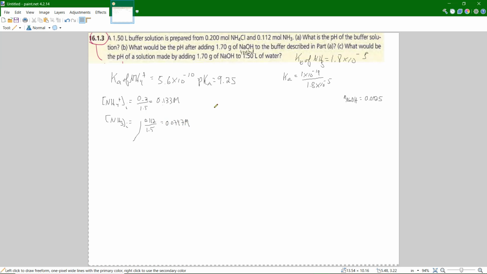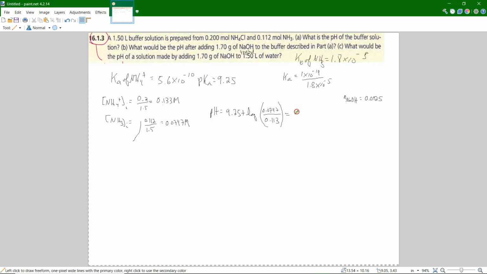Okay, so before we add anything, I'm going to use the Henderson-Hasselbalch equation. pH equals pKa, so that's 9.25, plus the log of the base over the conjugate acid. The base is my NH3, 0.0747 over 0.113.